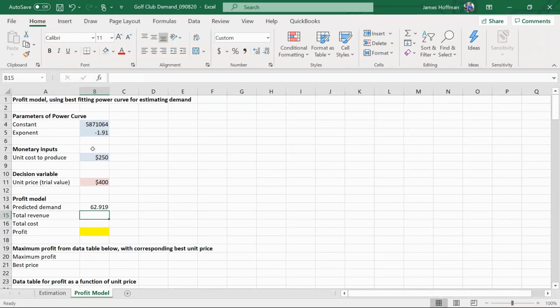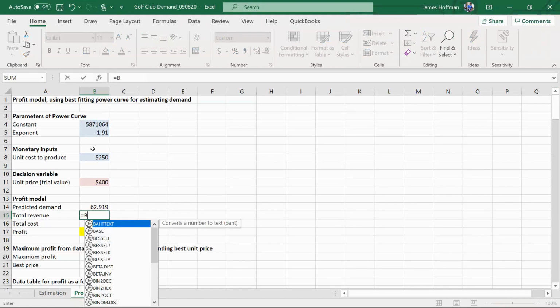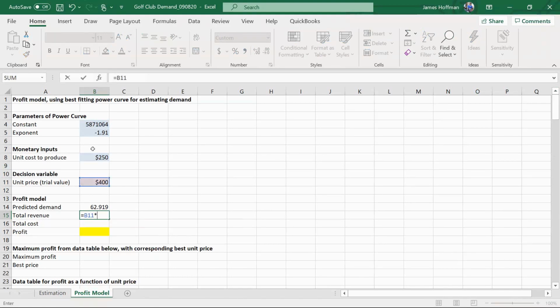In B15, you can calculate total revenue with this simple formula: equals B11 times B14. We're only selling one good, and our revenue is how much we sell it for times how many units we sell. So number of golf club sets sold times the price is our revenue.